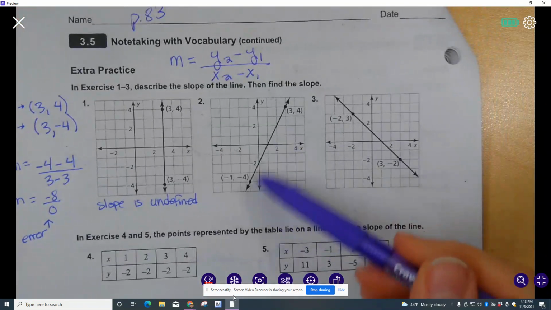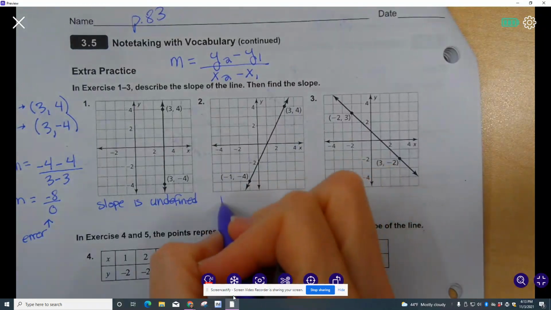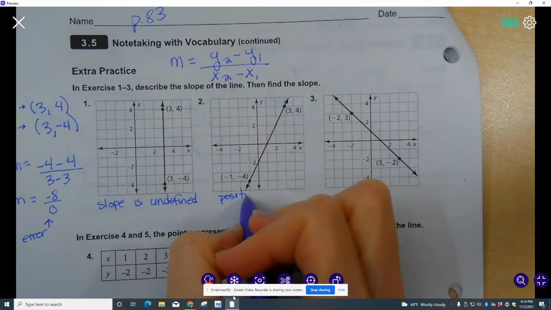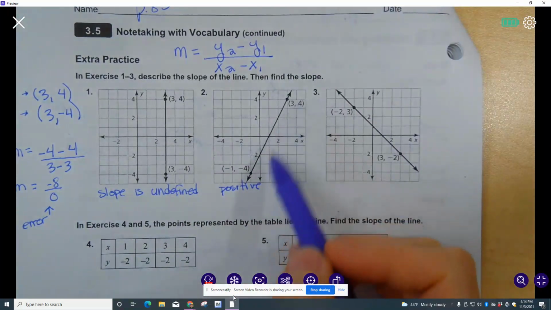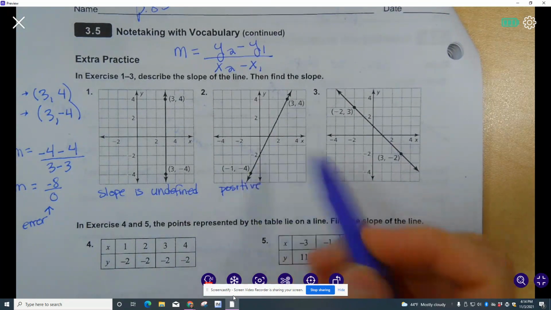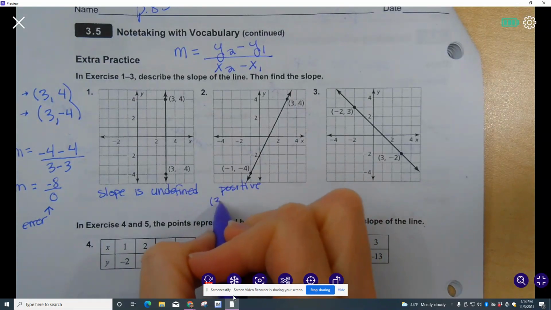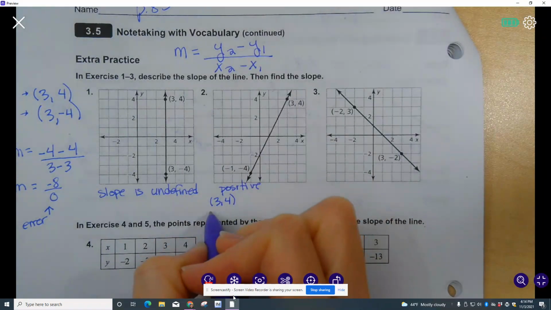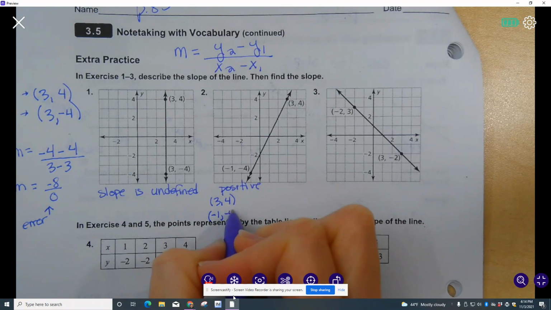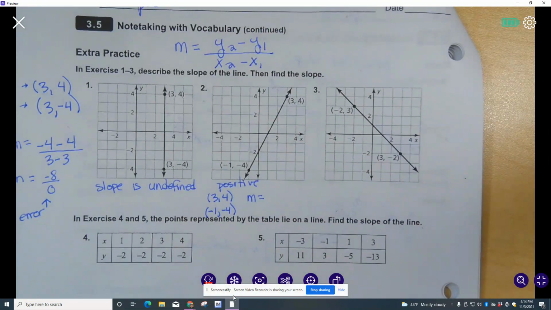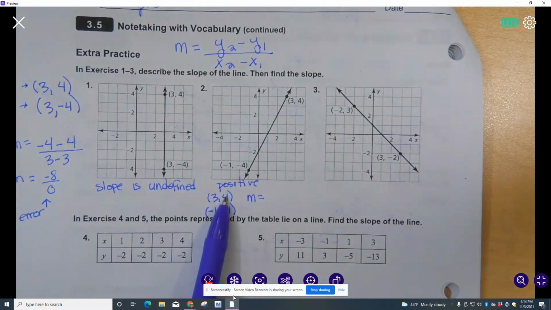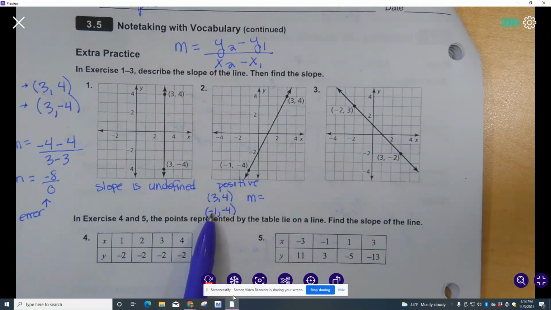Now let's try it with this one. This has a positive slope. And let's find the slope. So step 1, write these two coordinate points, one on top of the other. So 3, 4, -1, -4. Now let's substitute into our slope formula. y2 minus y1 all over x2 minus x1.